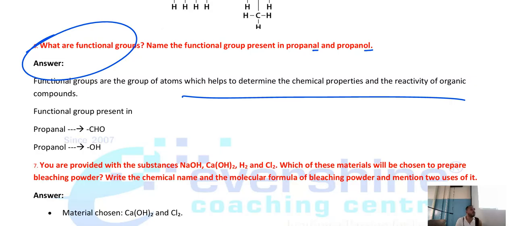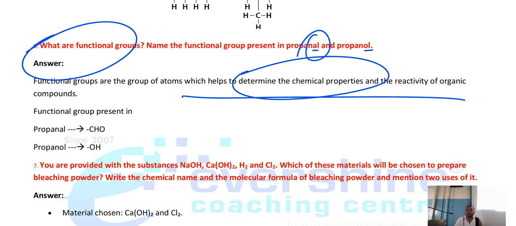Remember, halides are single atoms. Except halides, the rest in the functional group table are all groups of atoms. They help to determine the chemical properties of organic compounds.